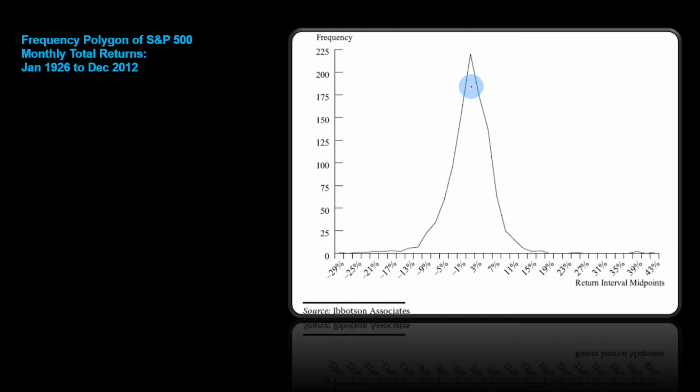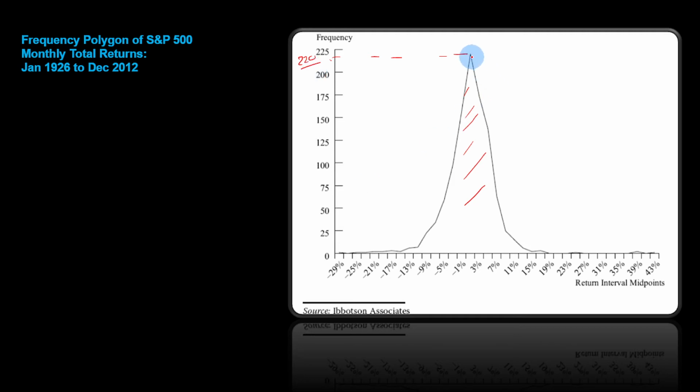And over here, where the line peaks, we have the most returns, somewhere in these intervals. If I connect this one over here, it should read 220. That means 220 monthly outcomes is the highest absolute frequency in our intervals.